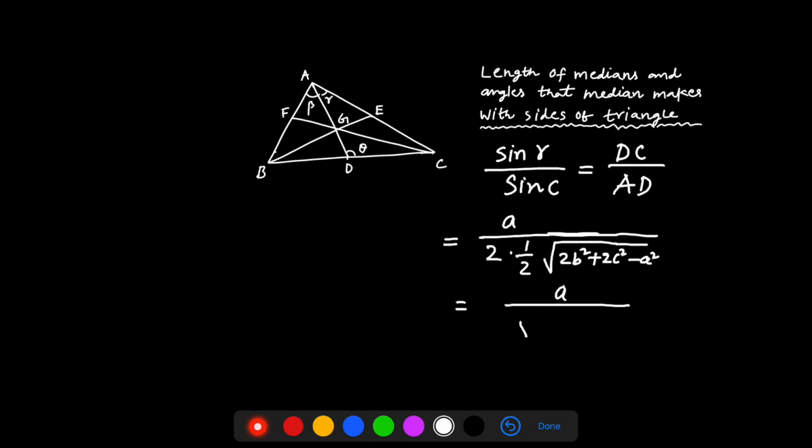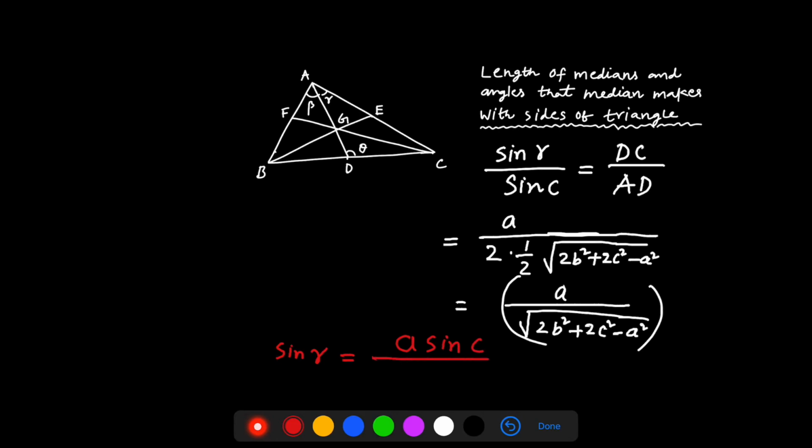So this will be a by root over 2b square plus 2c square minus a square, right? So sin gamma will be a sin C by root over 2b square plus 2c square minus a square.